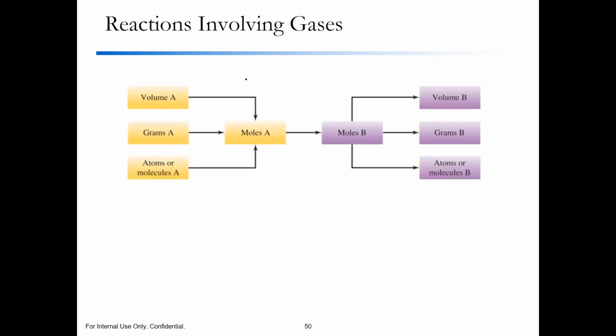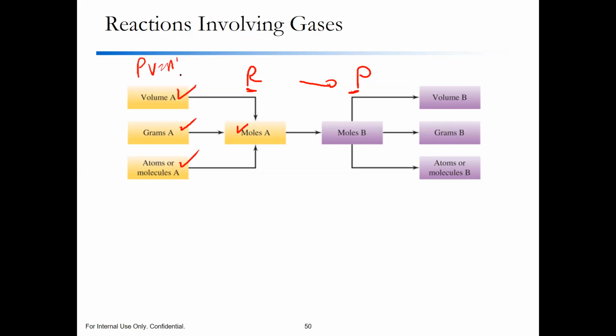So remember, these are my reactants. These are my products. If I know how many moles of reactants I have, I know how many products I can make. If I know how many moles, I know how many grams I have. I know how many molecules I have. I know the volume, right?